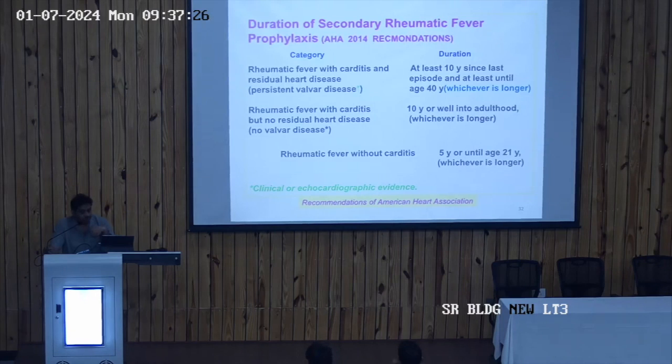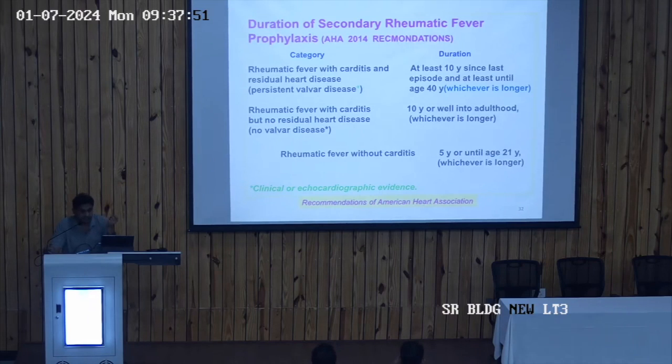The duration of secondary rheumatic fever prophylaxis is categorized. Rheumatic fever with carditis and persistent residual heart disease or persistent valvular disease: at least 10 years since the last episode, and at least until age 40 years, whichever is longer. Usually patients come in the early phase, so we can use up to 10 years.